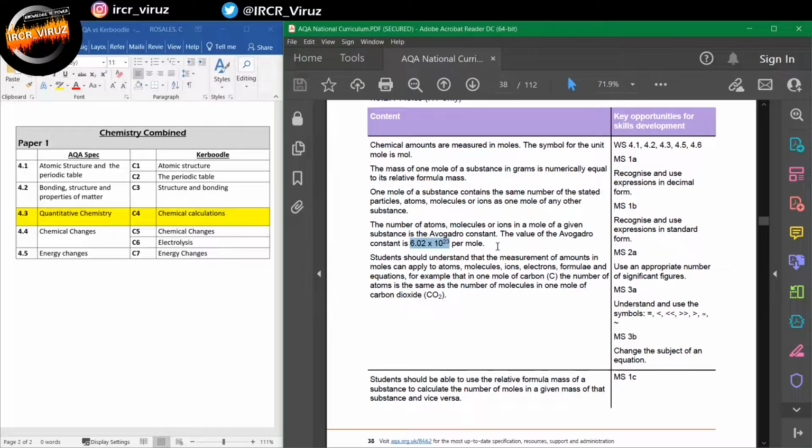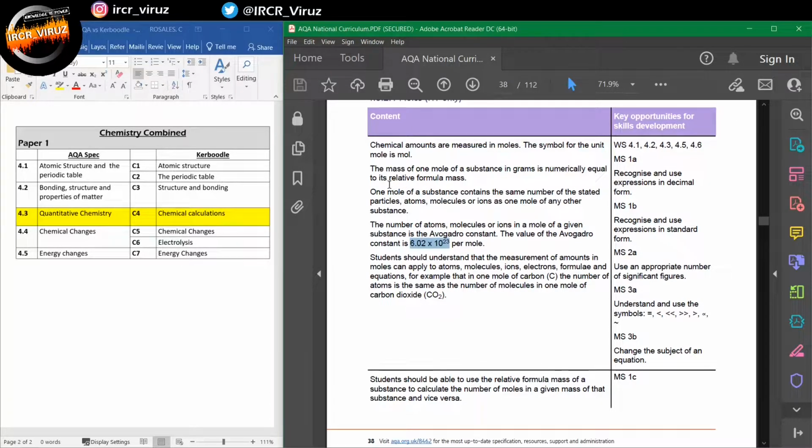The mole is basically a name given to a number, just like you have a fiver, which is 5, a score, which is 20, a dozen, which is 12. You have 6.02 times 10 to the power of 23, and that number is given the name the mole, okay? Now you should be able to calculate the relative formula mass of all of those substances.